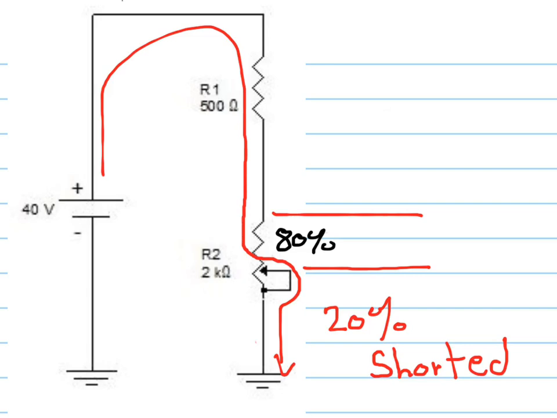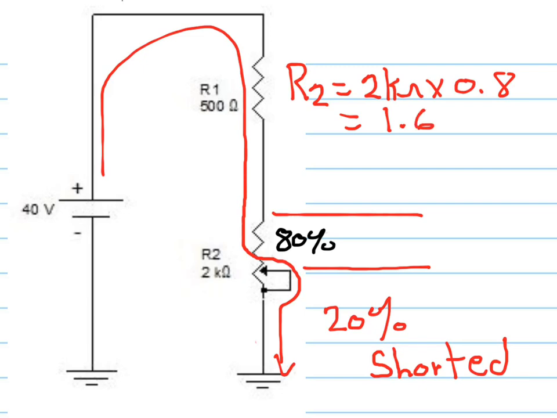So the actual or effective value of R2 is now the nominal or maximum value of R2, which is 2K, times 0.8. So it's 2 times 0.8 equals 1.6 K ohms.